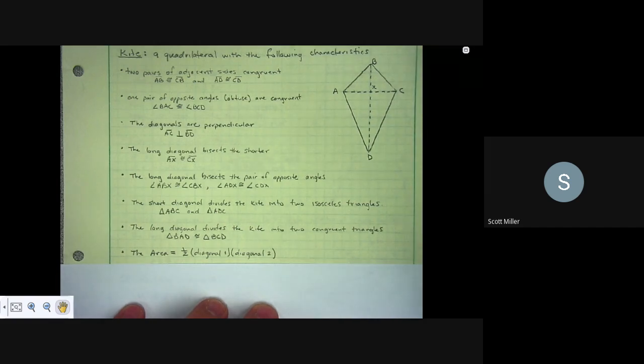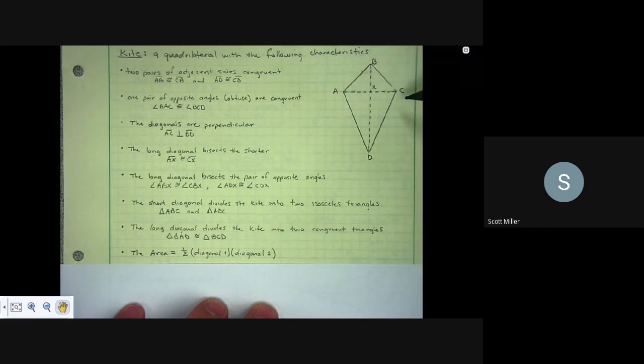Okay? Because these sides are congruent, the short diagonal can break the kite up into two triangles, this one right here, ABC and ADC, and both of those triangles are isosceles because the legs are congruent. Whereas the long diagonal will cut the kite into two triangles, and they are just congruent.